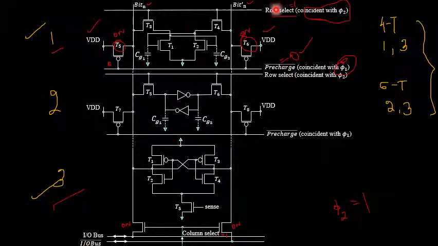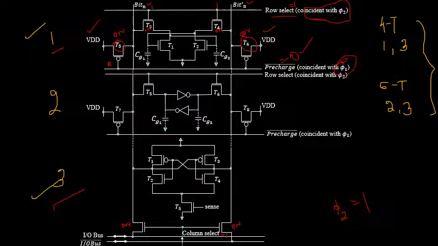Now what happens when the row select signal becomes equal to 1? When the row select signal becomes equal to 1, this is 1 and this is also 1. So when this transistor is turned on, transistor T3 is on, along with that transistor T4 is also on. Both are on, which means both will behave like a closed switch.